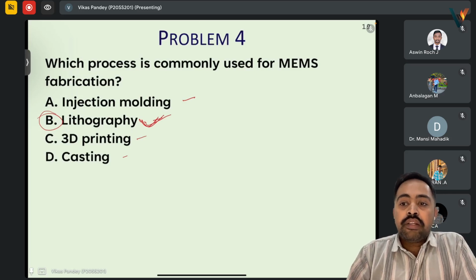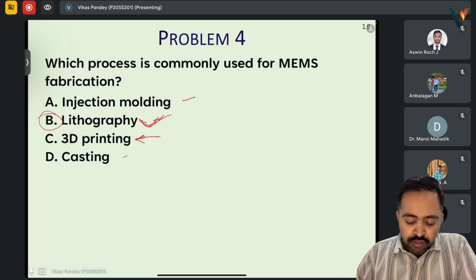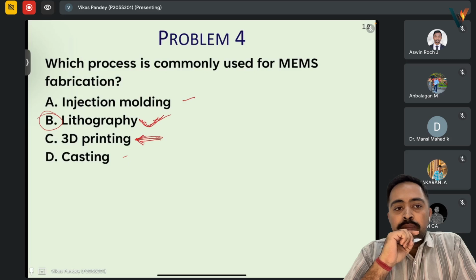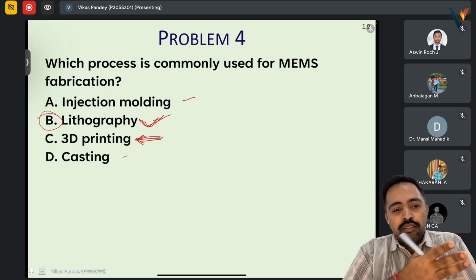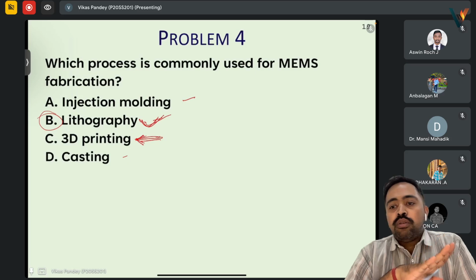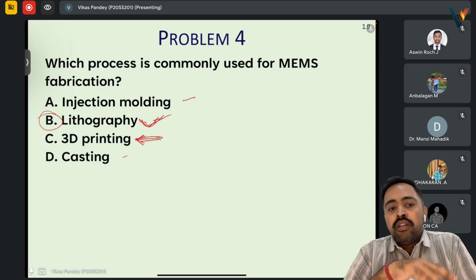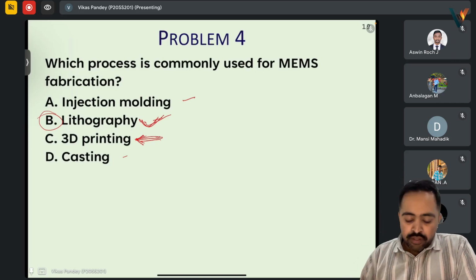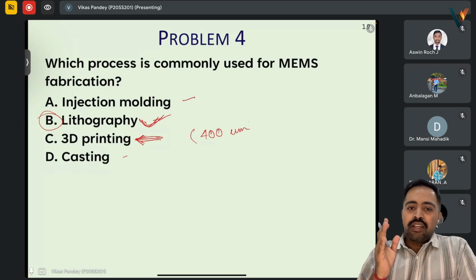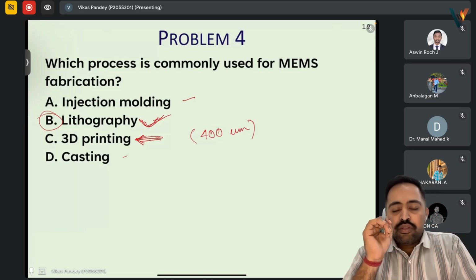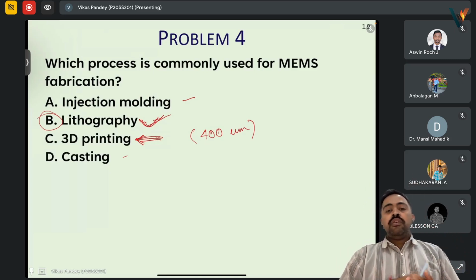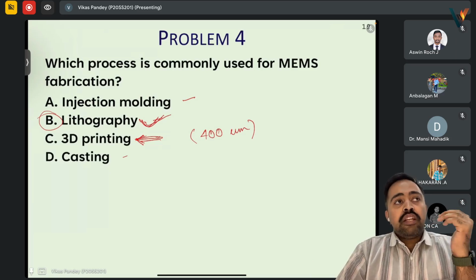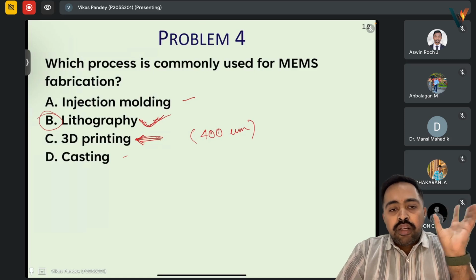Nowadays, people are trying to use 3D printing also for these MEMS-based devices. So in future, you might be hearing or changing the answer to 3D printing. But at present, lithography is one of the most dominant. And 3D printing has this problem that its resolution is still around 400 micrometers. So it is a bit larger in resolution compared to what we generally work with in MEMS devices, where we might be going into 10 or 20 micrometers.